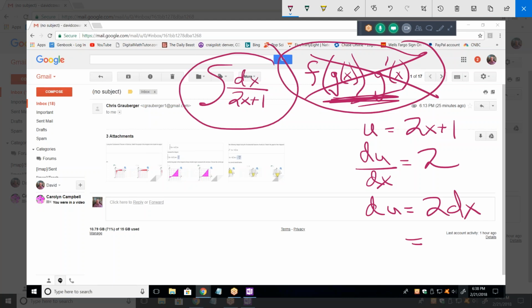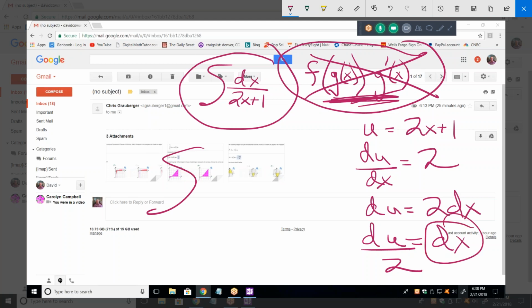This time I'm going to do it the long way, just because it's a little clearer. So now if I want to write this as an integral in u, what is dx? dx is du over 2, and the bottom is u. And now I can integrate that.